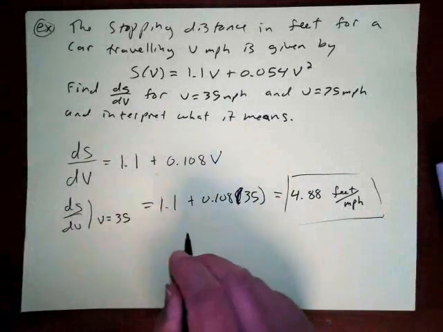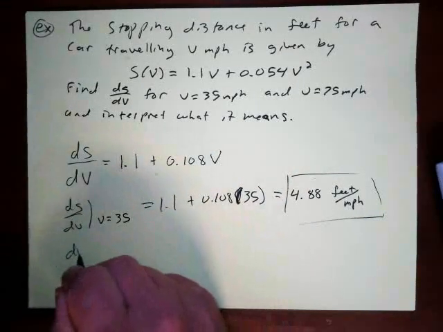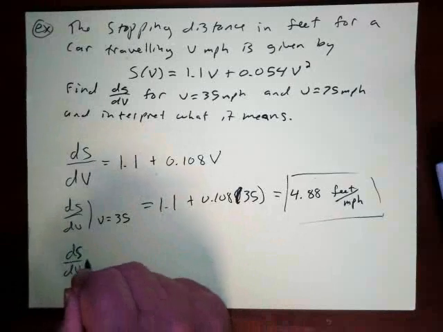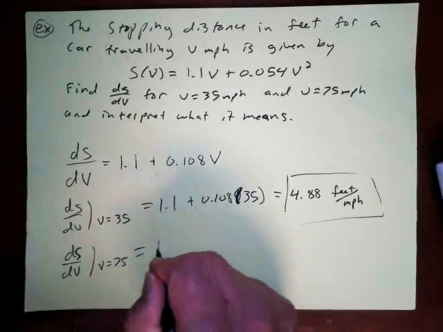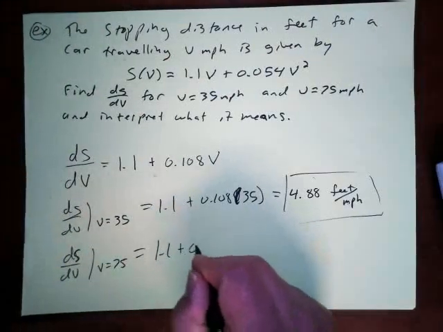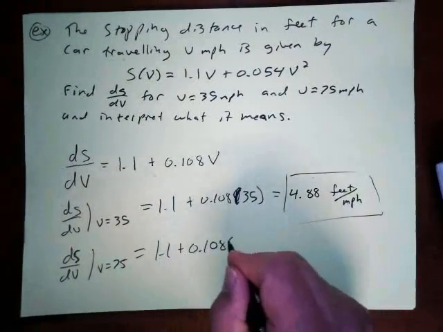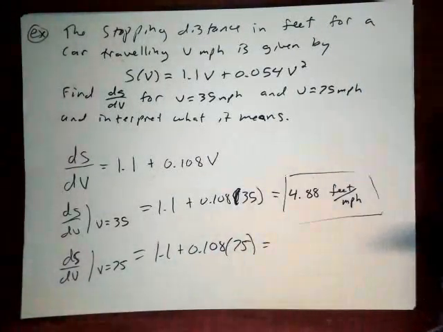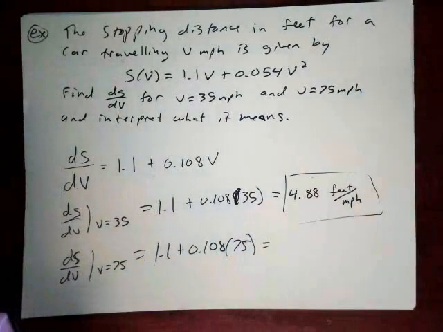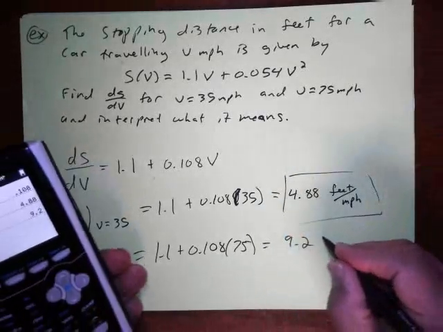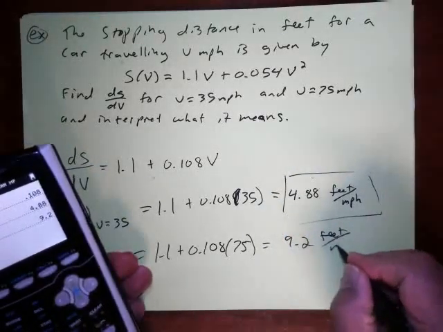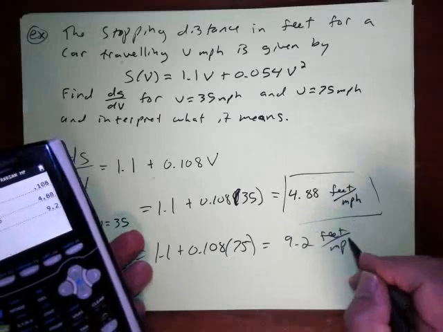So let's do ds/dv at v equals 75. So 1.1 plus 0.108 times 75. And then this is like 9.2 feet per mile per hour.